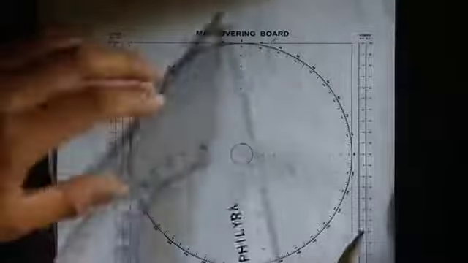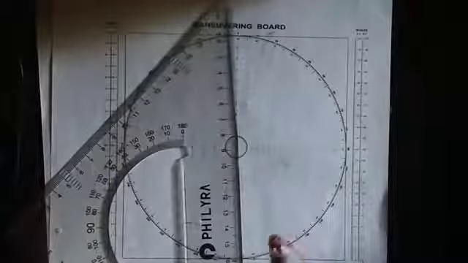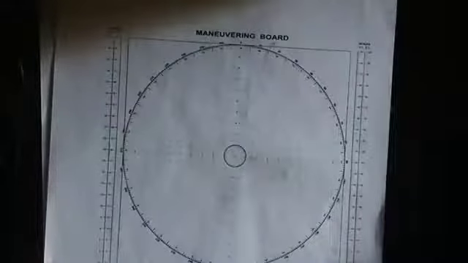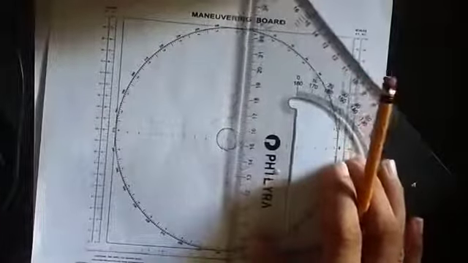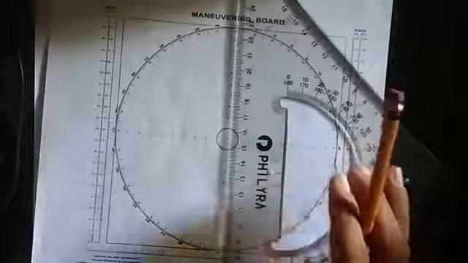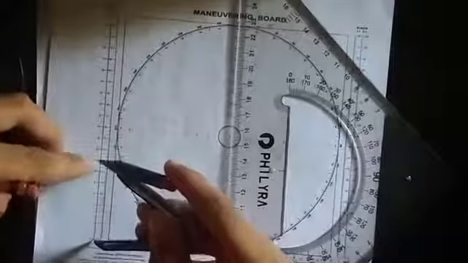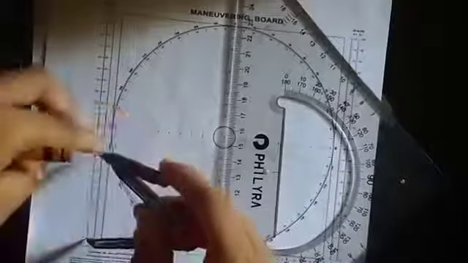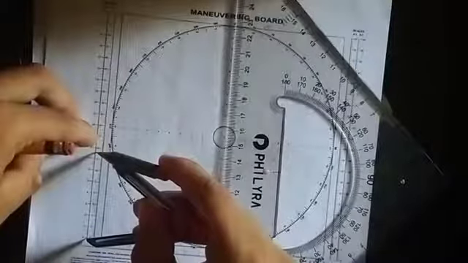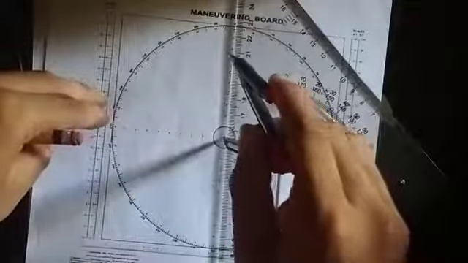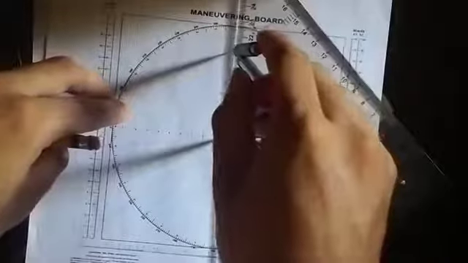So first, let us plot our ship's heading, which is 0 degrees. And the speed is 50 knots. So we are going to use the 2x1 scale for our speed. So the speed is 50 knots and the ship's heading is 0 degrees. So that's it.